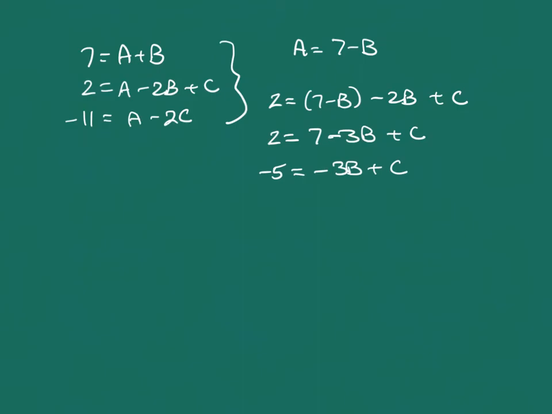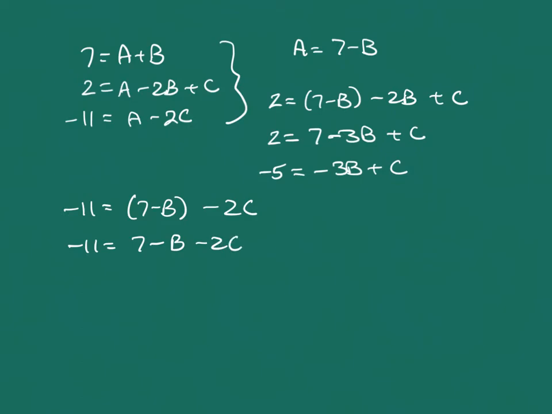For the other equation, I have negative 11 is equal to 7 minus b minus 2c.